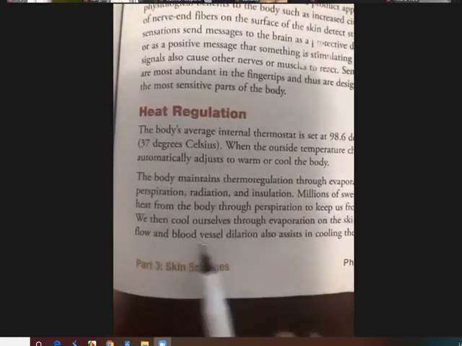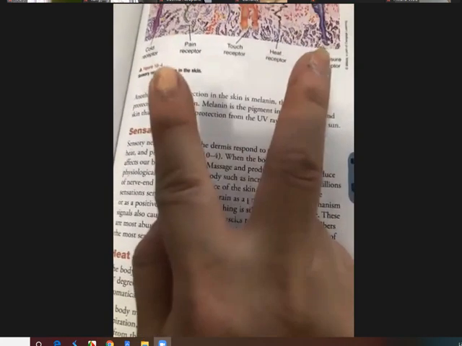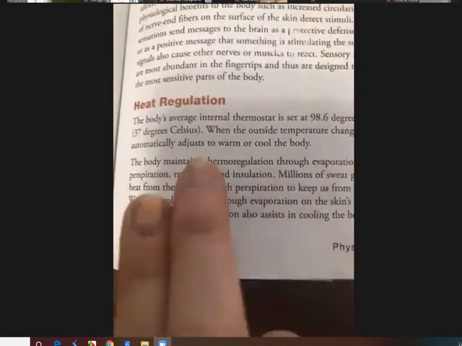Now, you see this word blood vessel dilation? Blood vessel dilation means what? Your blood vessel opens up. Okay, the word dilation means open, bigger.